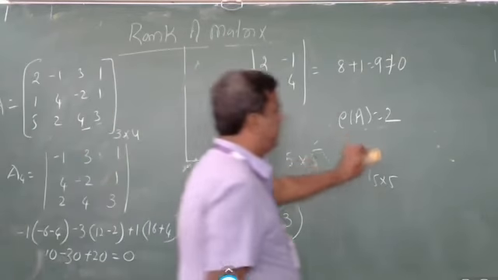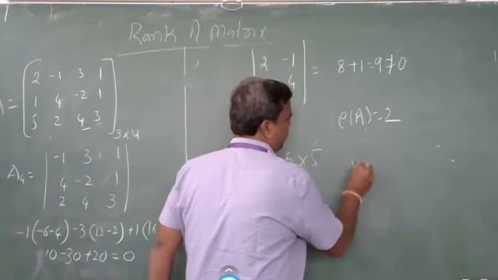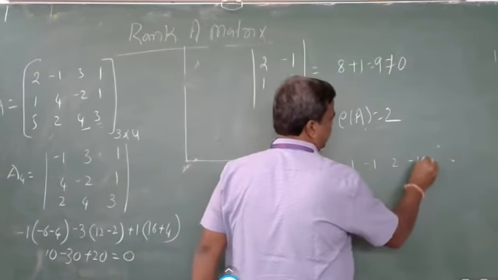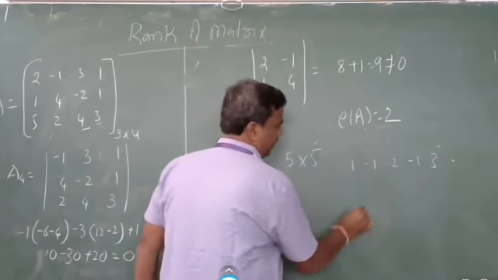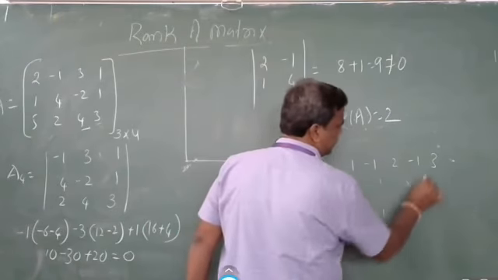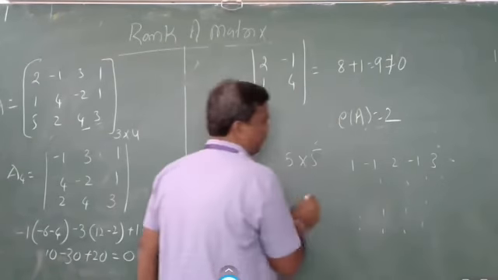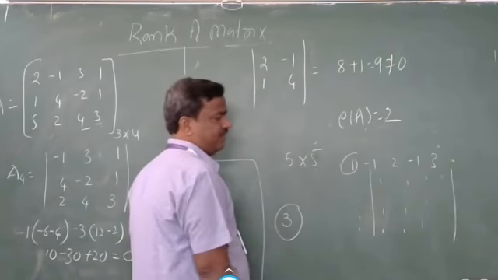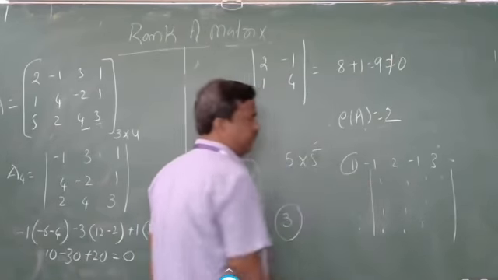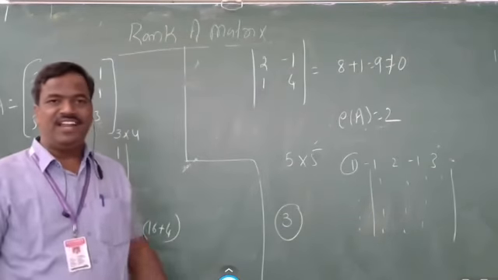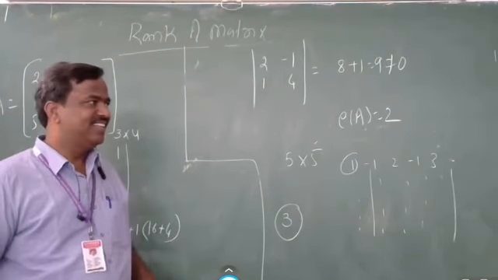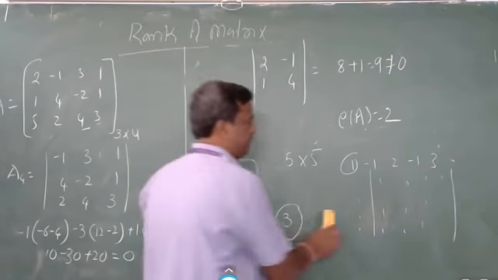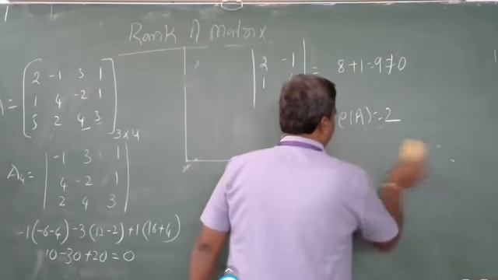Suppose you have a 5 by 5 matrix, 1 minus 1, 2 minus 1, some 3, and some elements like this. Now what we have to do is 1 into this 4 by 4 matrix, minus 1 into another 4 by 4 matrix. Now reduce it to the 3 by 3 like that. So it takes a long time.